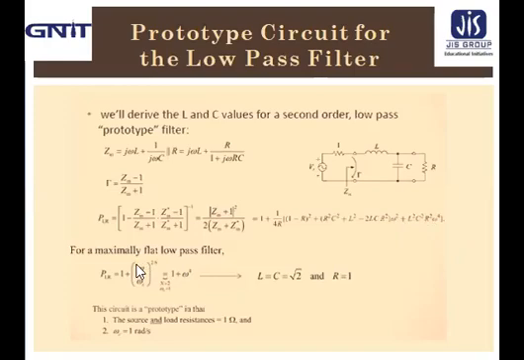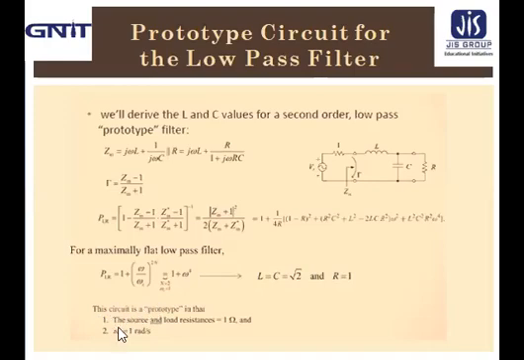And for a maximally flat low pass filter, P LR equal to 1 plus (omega by omega c) whole to the power 2n, and that is almost equal to 1 plus omega to the power 4, and for that L equal to C equal to root 2 and R equal to 1. And this circuit is a prototype.